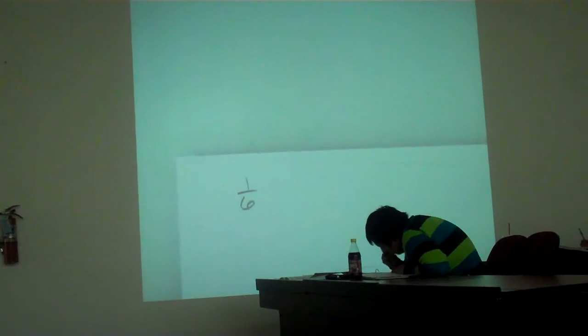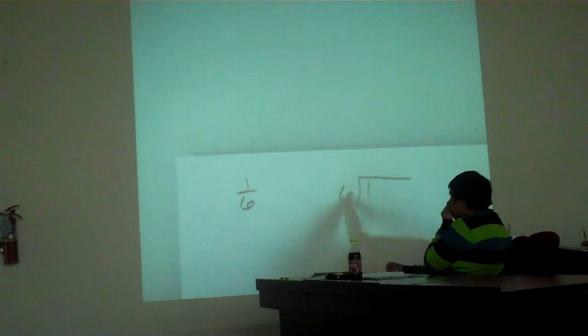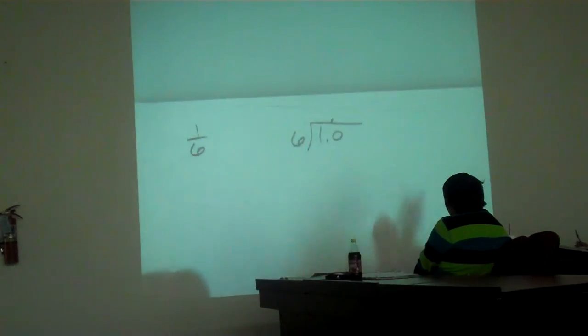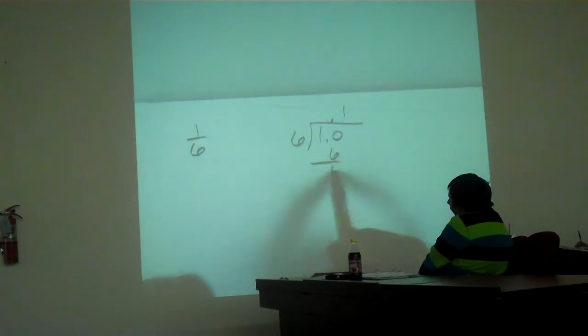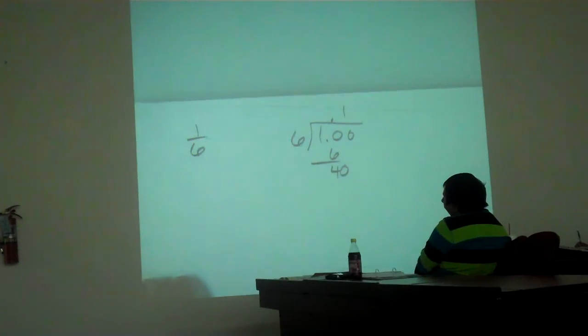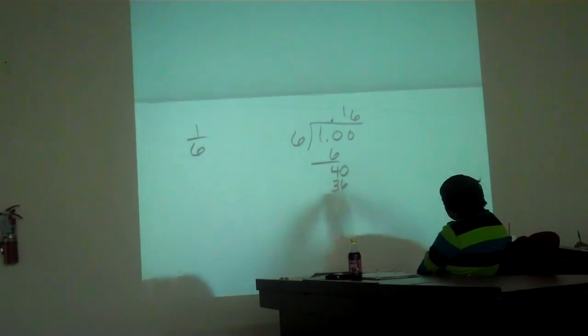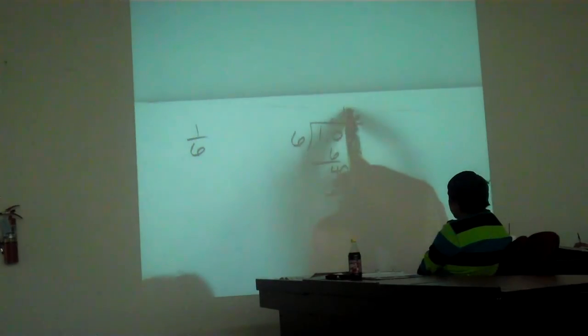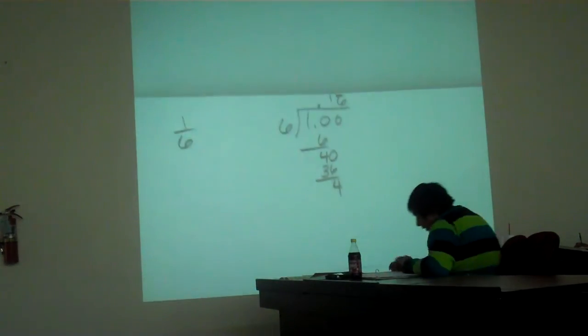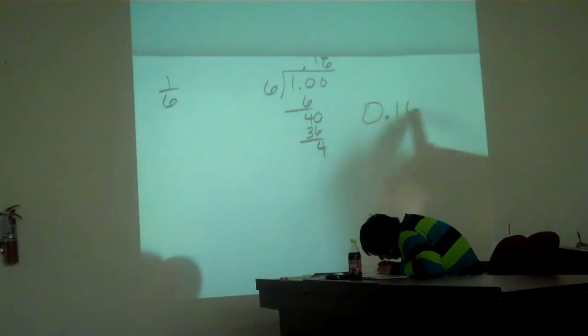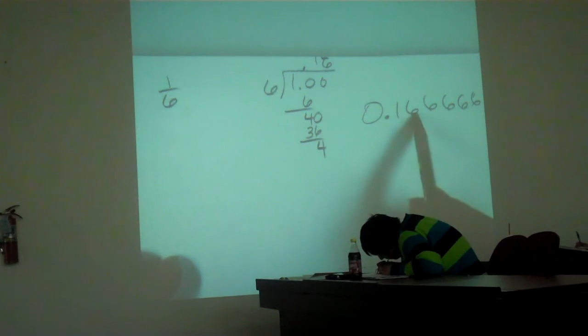Turn that to a decimal. 6 will go into 10 once. 6 will go into 40, 6 times, and it keeps going, right? So that one repeats. Okay, so to turn that into a percent, move it 2 times, right?